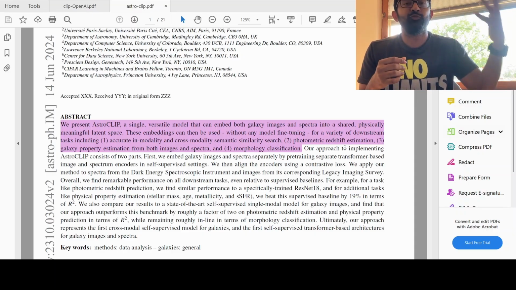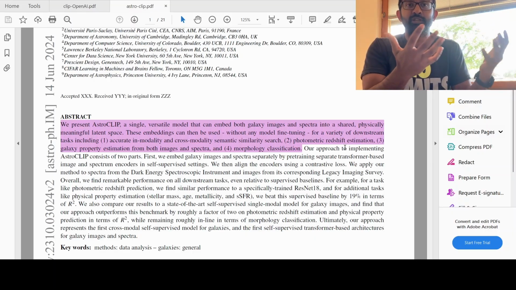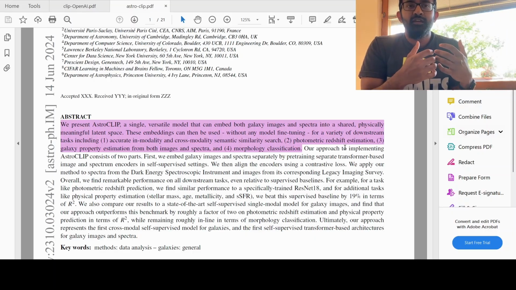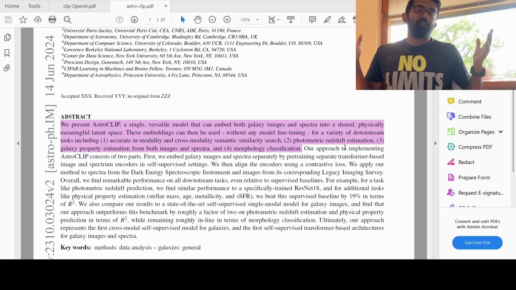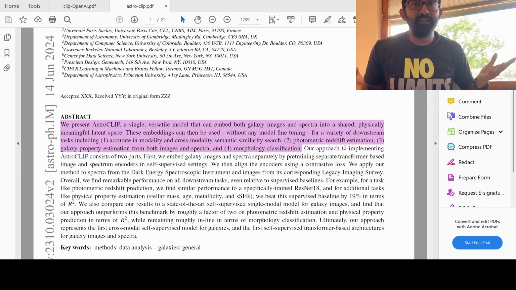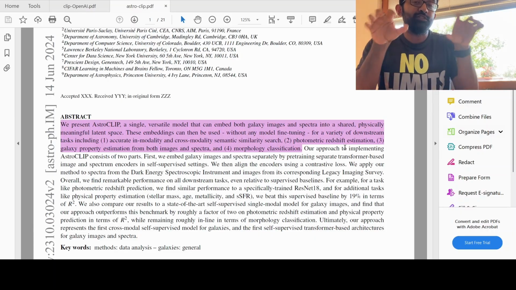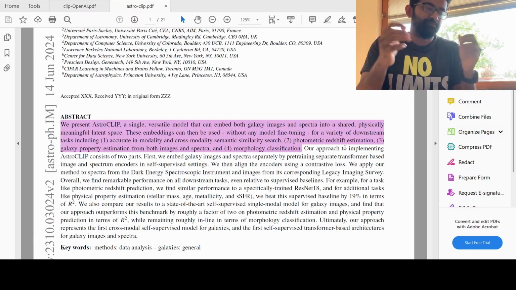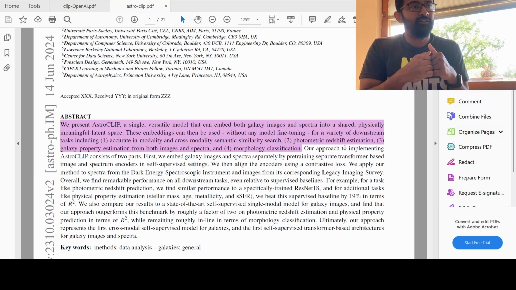If I have some photometric data and I could give you an estimate of the spectroscopic redshift without needing to do a spectroscopic measurement, that's a big improvement. We don't need to use a lot of resources on telescopes, management, and analysis of the data after collecting it. We could just use the photometric model.